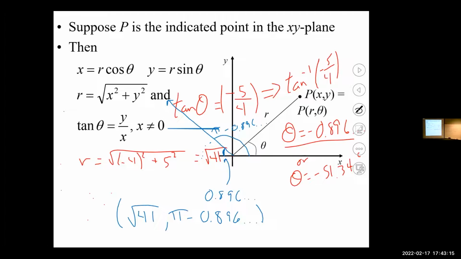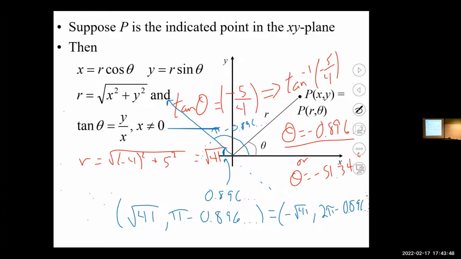Another thing that I'll point out now, because we'll talk about it a little bit in the other coordinate systems: if you make your radius negative, then the angle is actually 180 degrees, or pi, the opposite. So now we could either use the negative 0.896, and so on, or if we wanted to be between 0 and 2 pi, it'd be 2 pi minus 0.896.